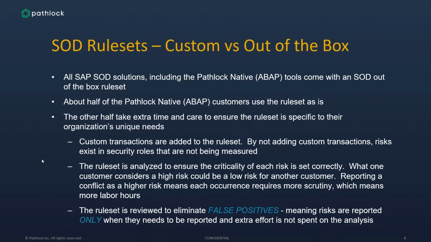So one of the dilemmas we've run across from a default rule set is what do you include? A particular transaction may look at 5 security authorization objects, but we think only 2 of them are relevant and important, and so we've only got 2 in the rule.